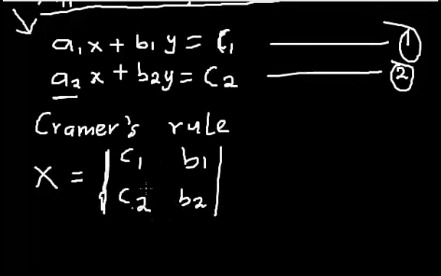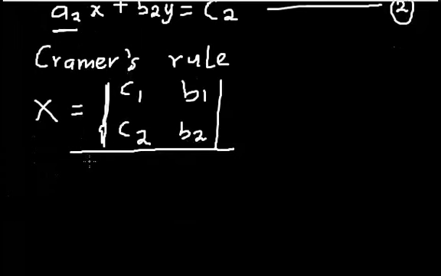Then, of course, the second column becomes the coefficient of the other variables in ascending order. But here I only have one variable, which is y, and the coefficient of y in the two equations is b1, b2.